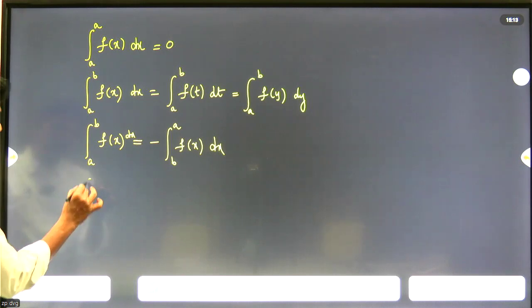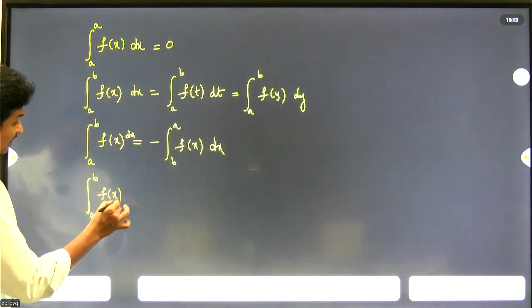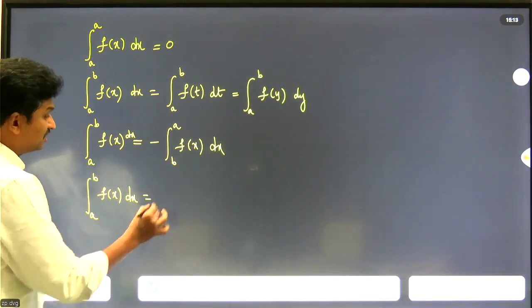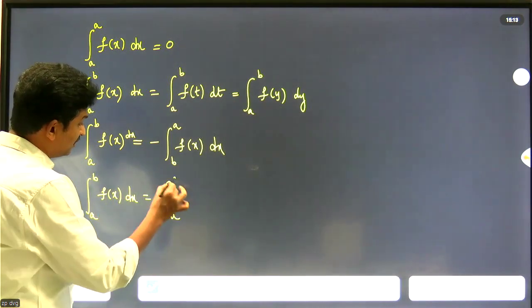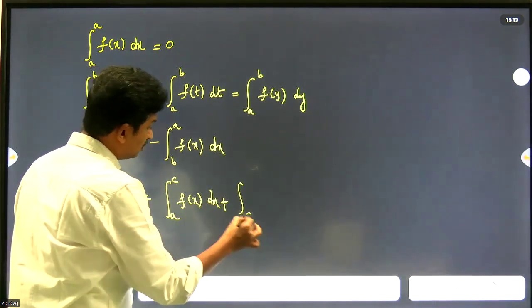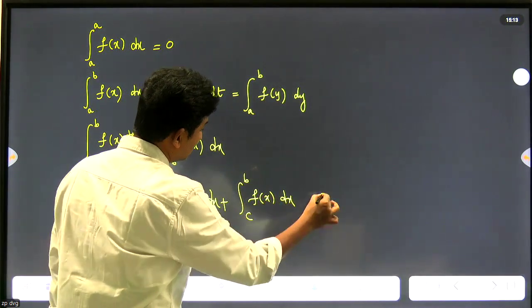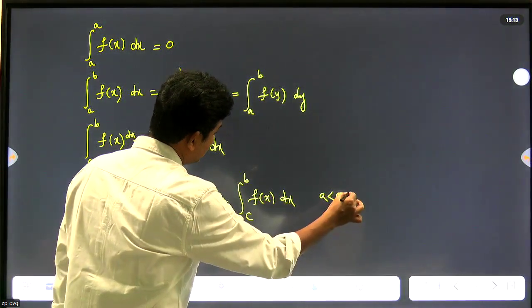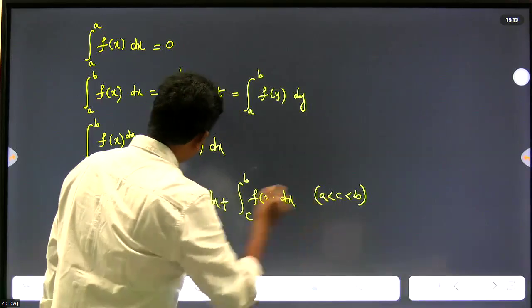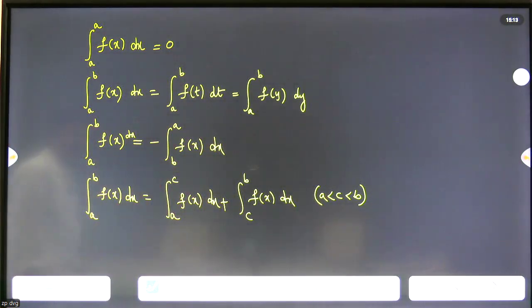Okay. Next, fourth one. Integral of a to b f of x dx. This is a useful result. Integral of a to c f of x dx plus integral of c to b f of x dx. Here make sure that the c value is in between a and b. Whatever c value is there, that c value is in between a and b, right?